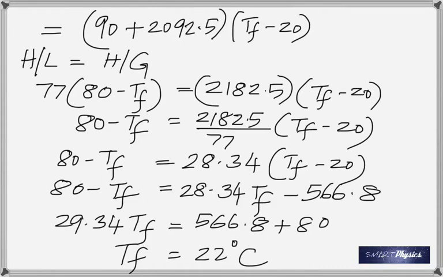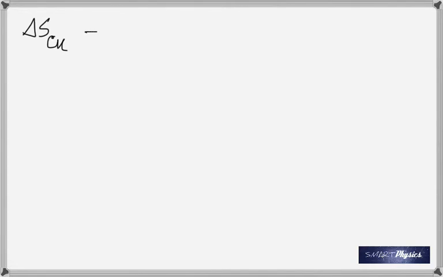How do we find the change in entropy? Change in entropy of copper is equal to delta Q by T average of copper. Hold on. What's the average temperature of copper, please? It started at 80, finished at 22, so the average is 51, isn't it? 51 degrees Celsius. And then you've got to change it into Kelvin.